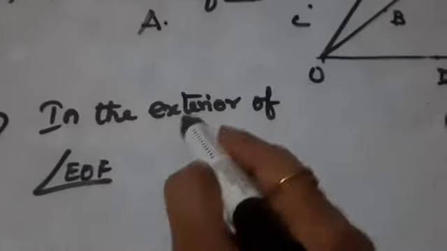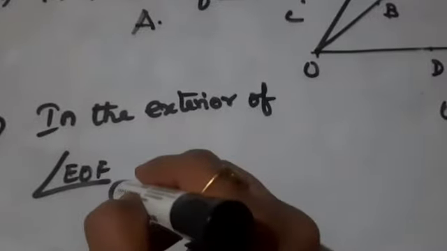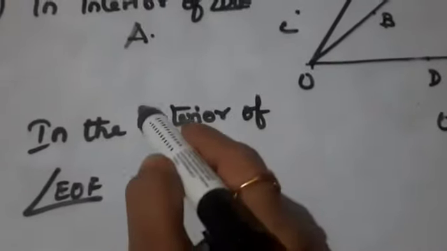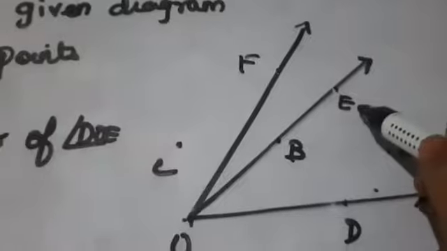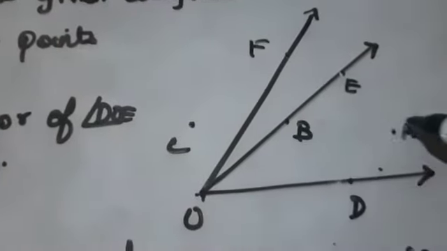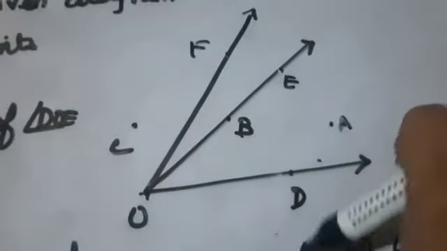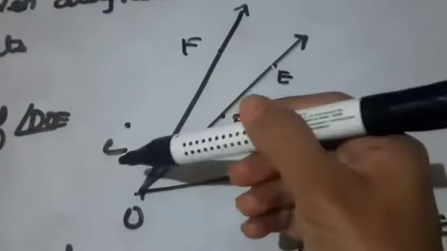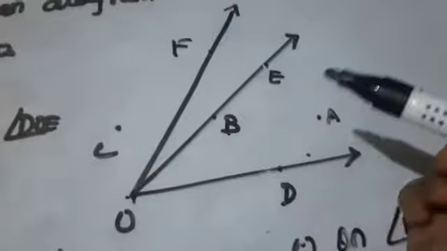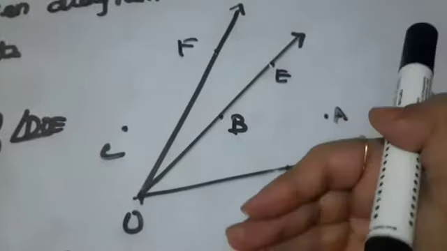Second statement, in the exterior of EOF. Exterior means outside. See here, EOF. So this whole part covers. D is exterior, A is exterior and C is the exterior point. Exterior means outside the angle.